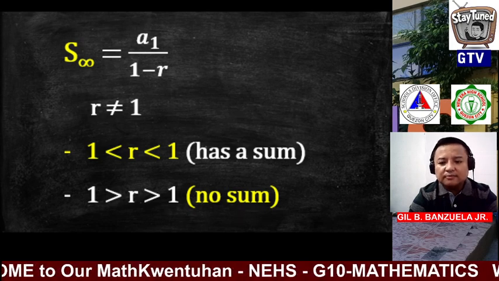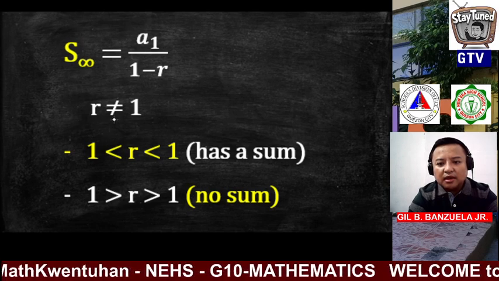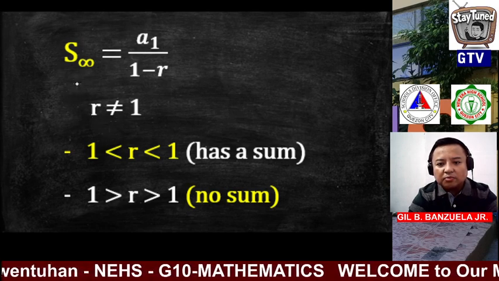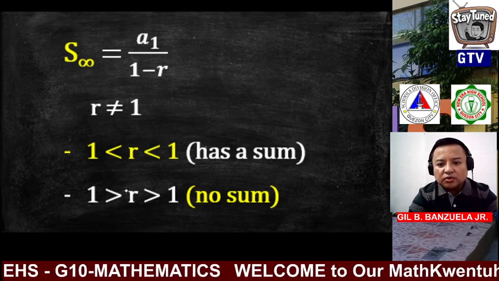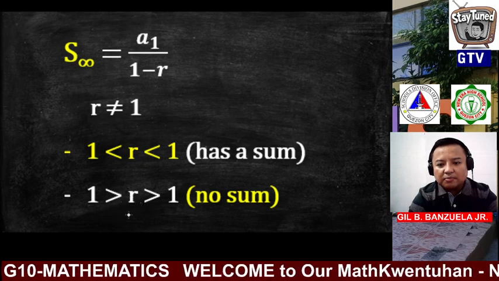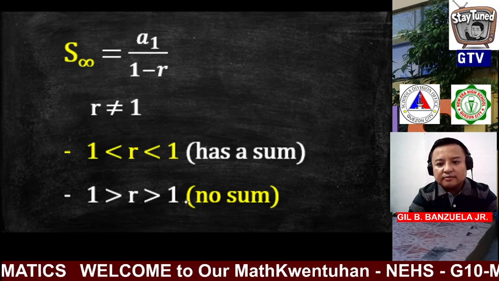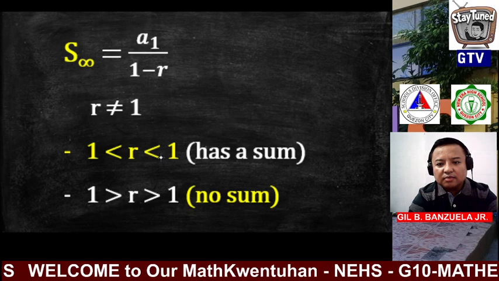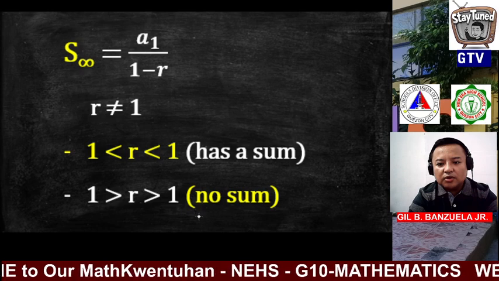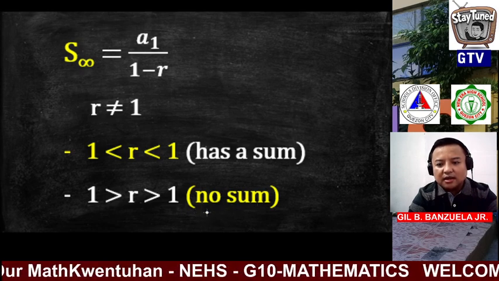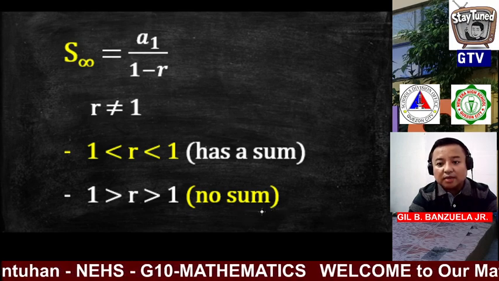Therefore, guys, before we plug the given into our formula, we have to take note of the common ratio muna. If the common ratio of a particular given series is less than negative 1 or greater than 1, then we don't need to use the formula to solve pa, because we can conclude that that particular given has no sum.